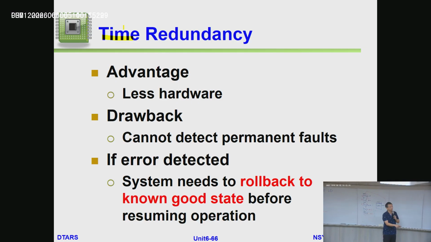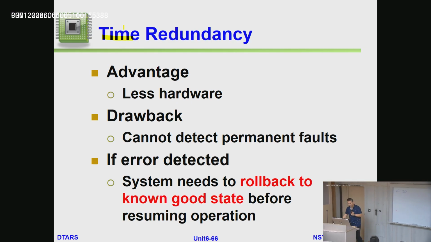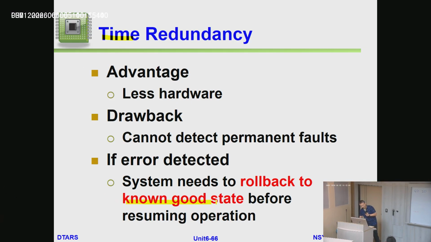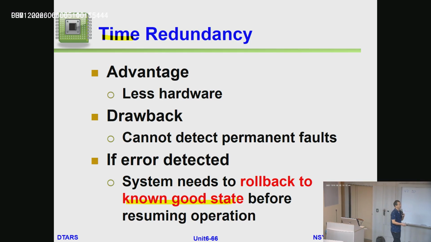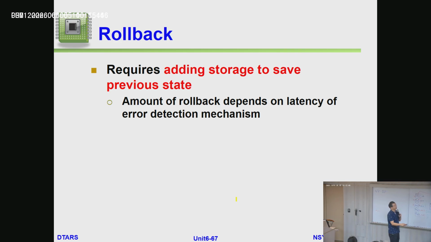In order to do the rollback, we need to save these good states so that when we find errors, we can go back to these good states to make sure our system can still have good results. So it means that we need to add some storage to store the previous states.